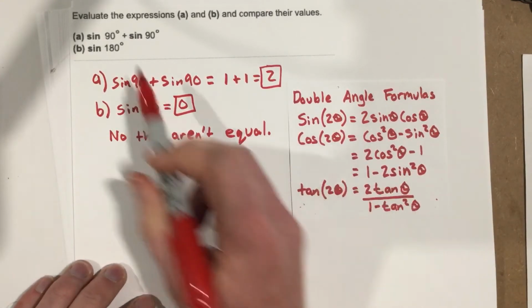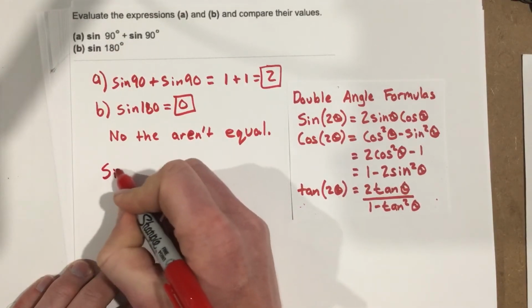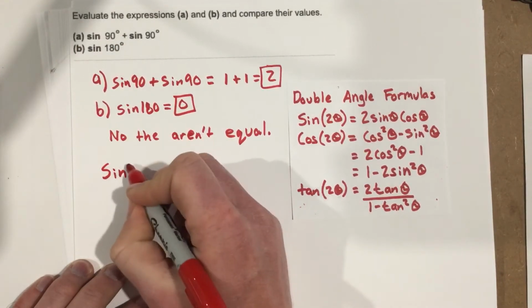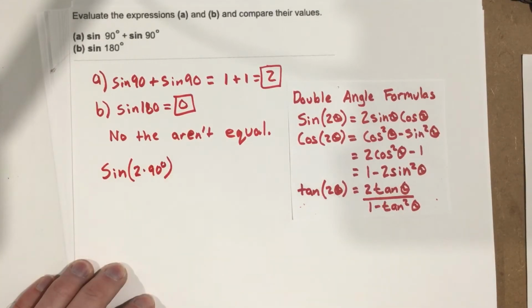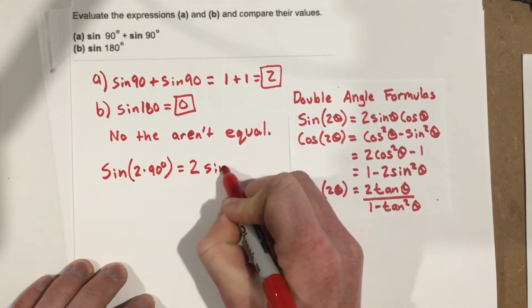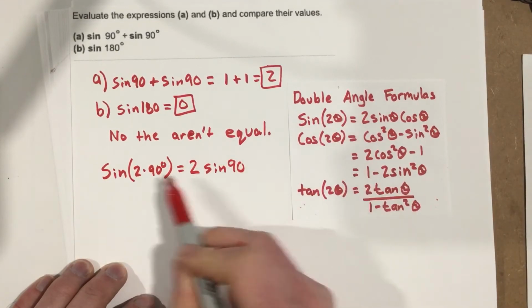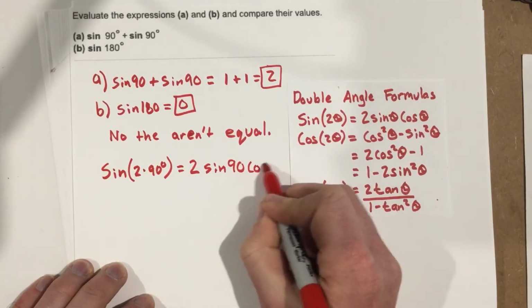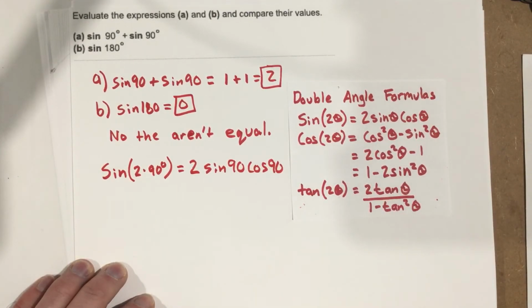So if we use sine 90, so we're going to use 90 degrees, so we're going to use sine of 2 times 90 degrees. That's supposed to equal 2 sine 90, right? Because we use theta, right? Cosine 90.